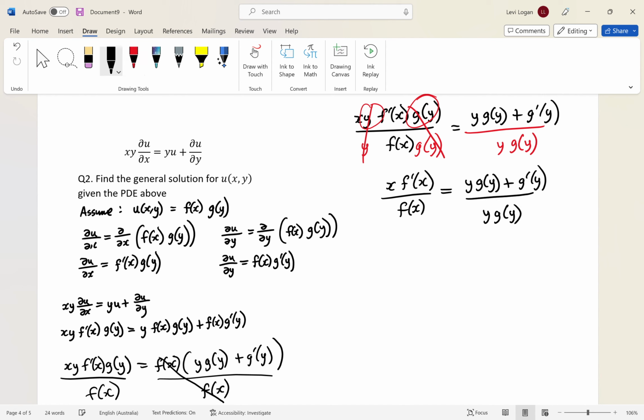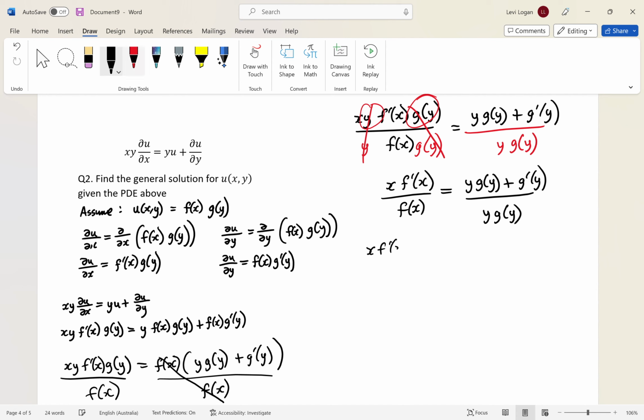Okay? So taking a look at what we've just done, we have an entire function of x on this side and an entire function of y on this side. Right? Just looking at our stuff here, we can see that this is the same as that, so we're just going to simplify the right hand side a bit. We're just going to divide out y and g of y. So I'll just write out the left hand side first.